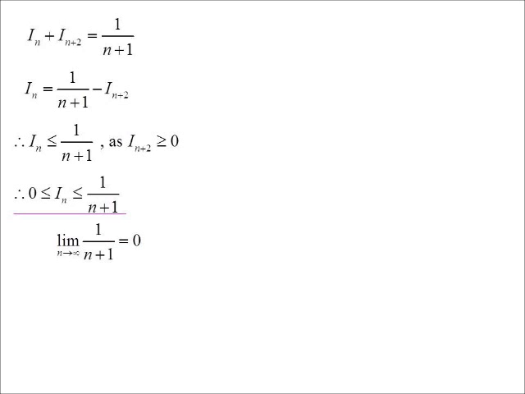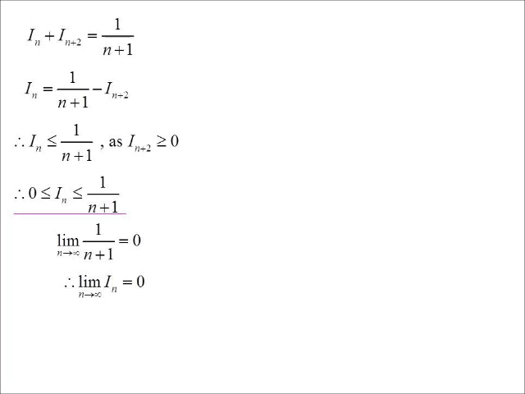Now, we know the limit as n approaches infinity of 1 on n plus 1 would be 0. So therefore, the limit of I_n as n approaches infinity is 0. So as n approaches infinity, I_n will be in between 0 and 0.